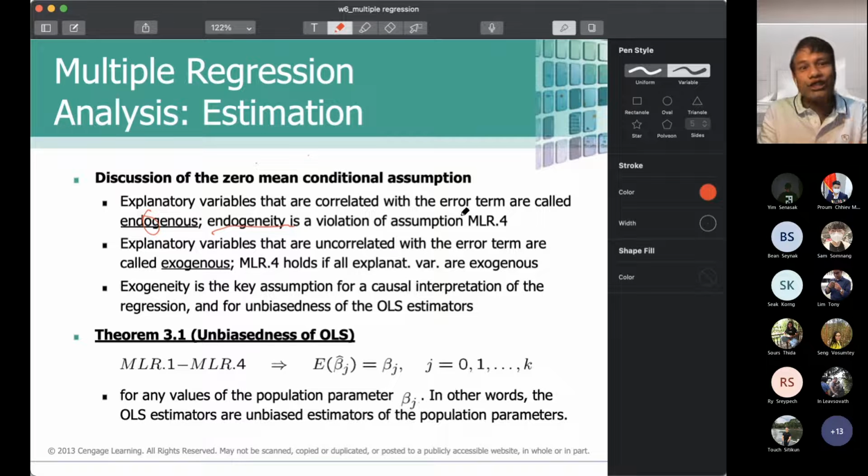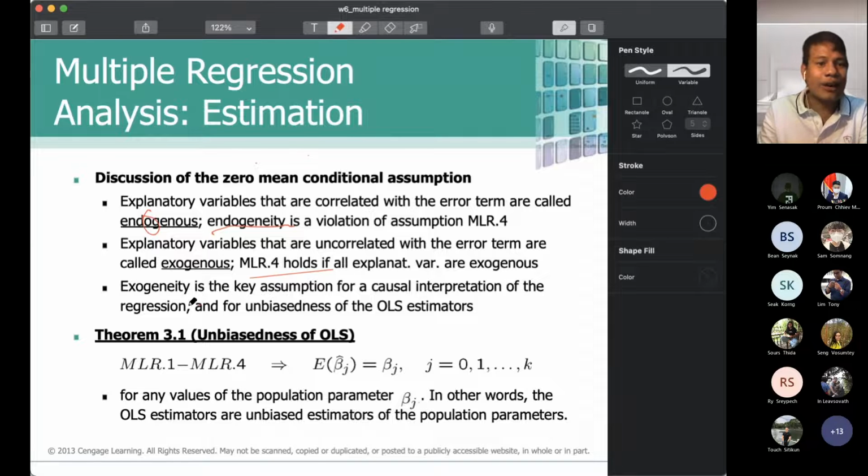So you need to understand and remember the term. However, if explanatory variables are uncorrelated with the error term, we call it exogenous, meaning that assumption number 4 holds. So there is no problem of zero conditional mean. If there is an exogenous variable, there is no problem with zero conditional mean.